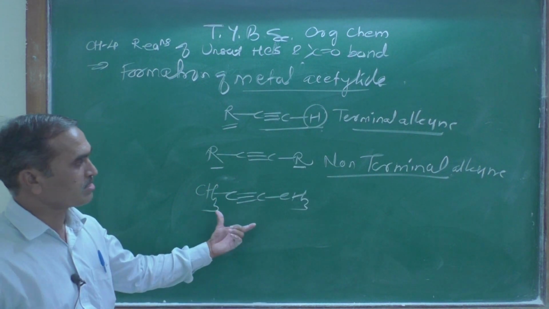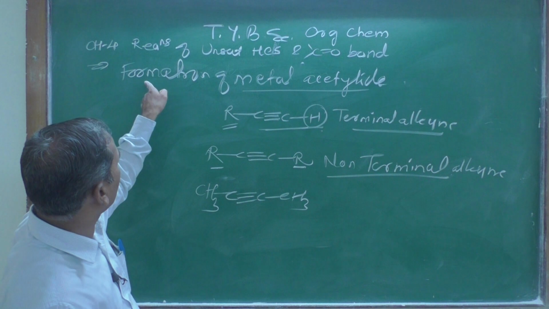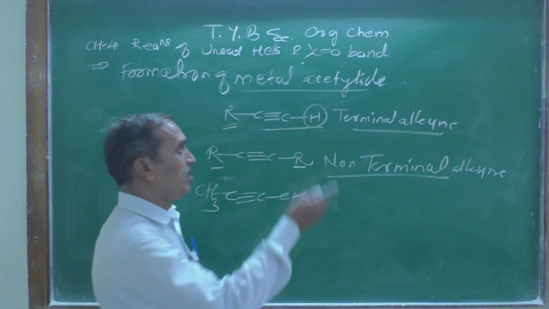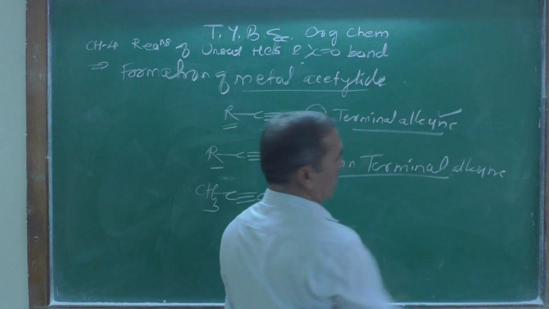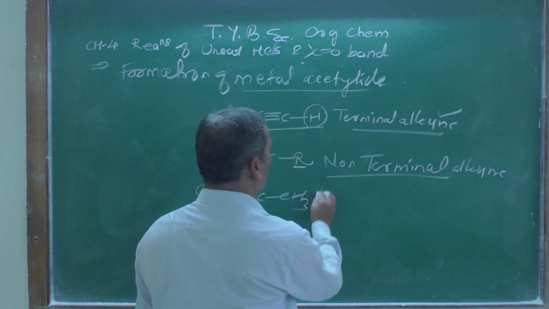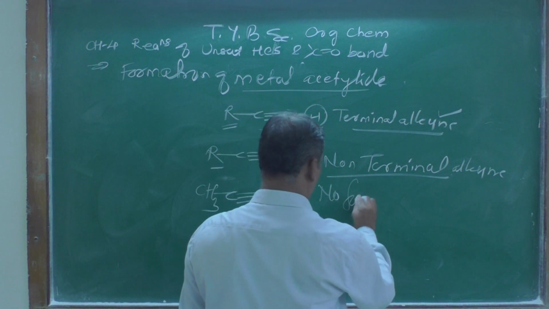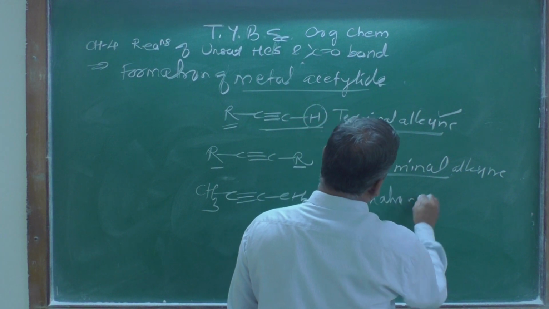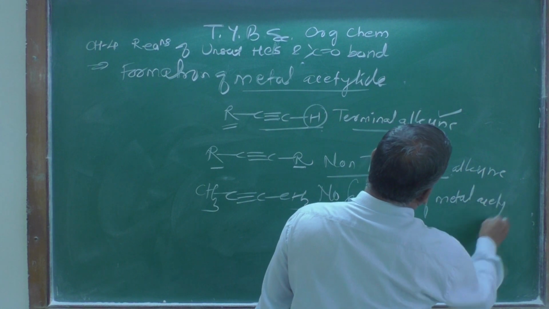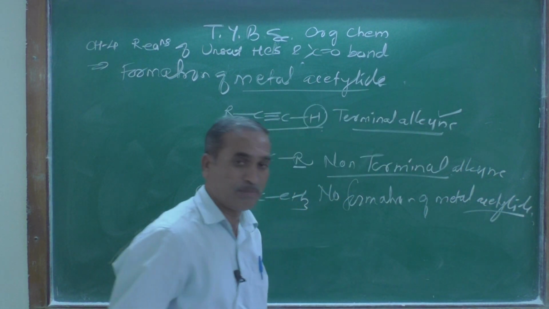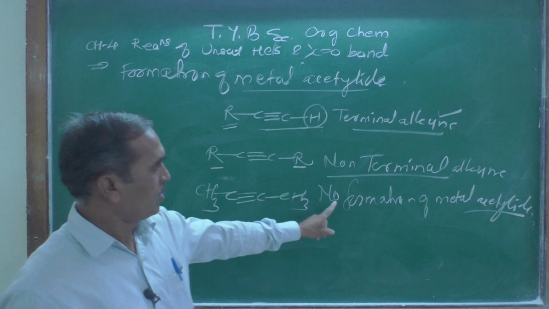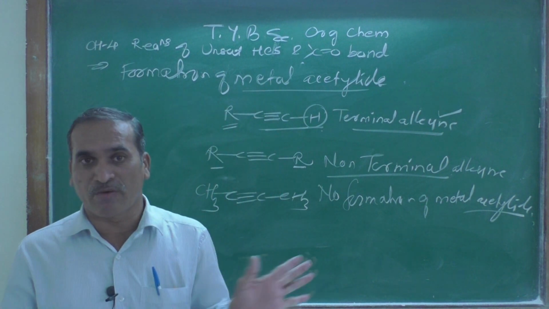Remember, the formation of the metal acetylide is possible when terminal alkynes are present. If non-terminal alkynes are present, there will be no formation of metal acetylides. They never form.